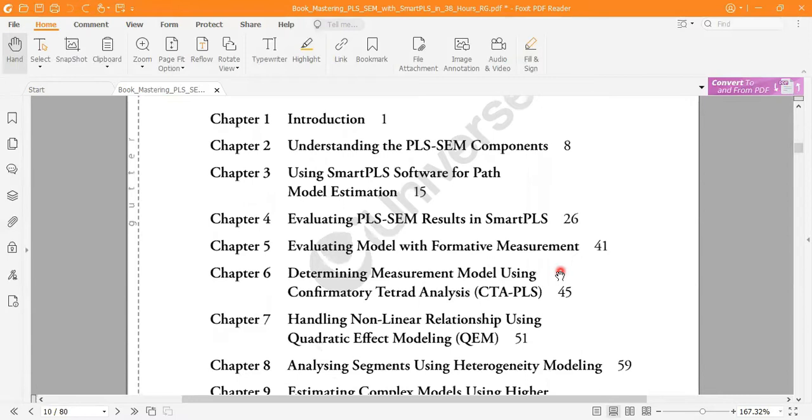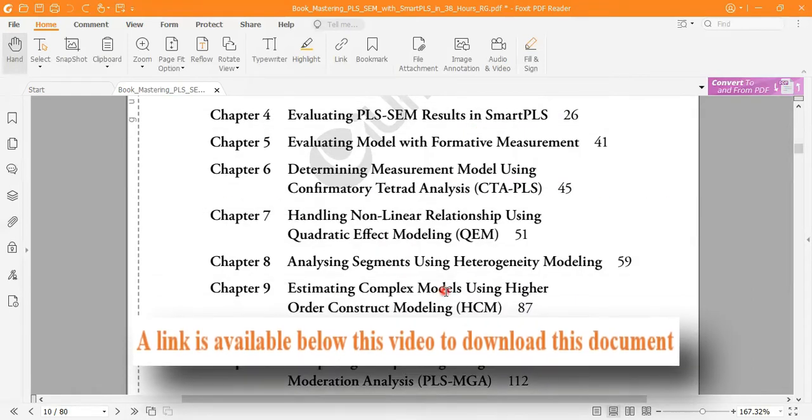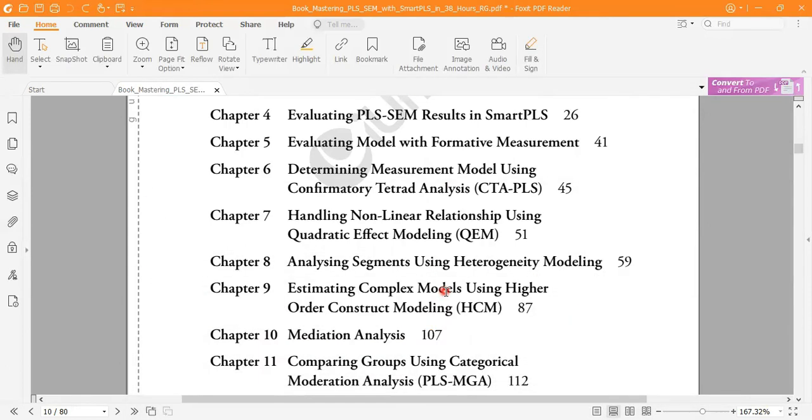For example, understanding PLS components using the SmartPLS software, and some other very good chapters. But here we are focusing on handling non-linear relationships with the quadratic effect. That's chapter number 7. Otherwise, I have also left a link below this video, and by clicking that link, you can also download the same book.